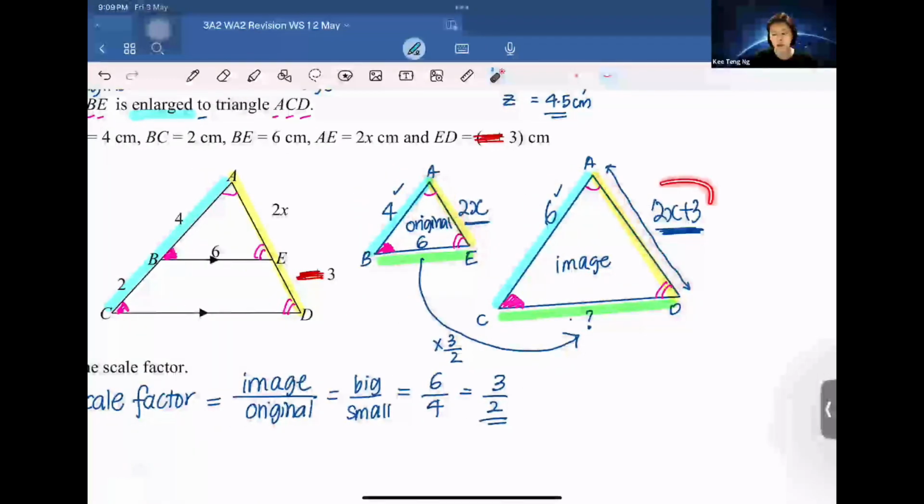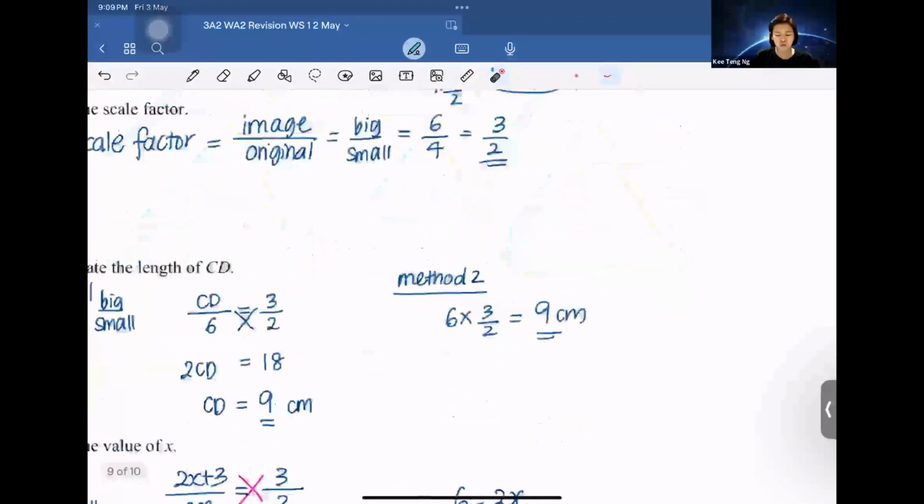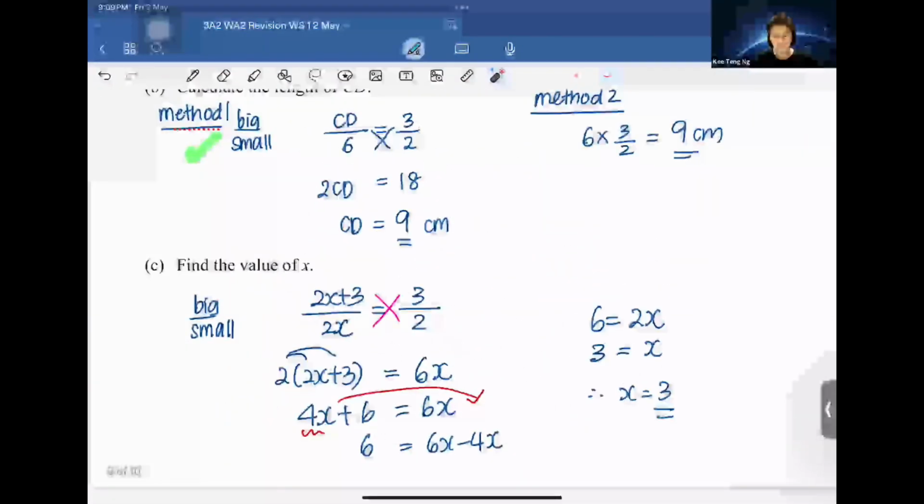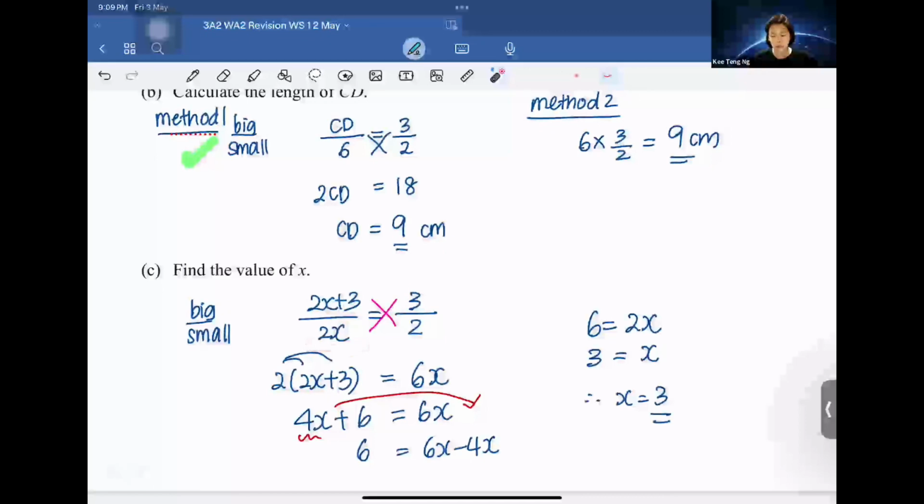So I'll take the big over the small: the big one is 2x plus 3 over 2x. Then equate it to the ratio that we have found, cross multiply and solve for the value of x. Have you gotten the concept? Sorry for some of the errors in the questions, but it's still doable, right?